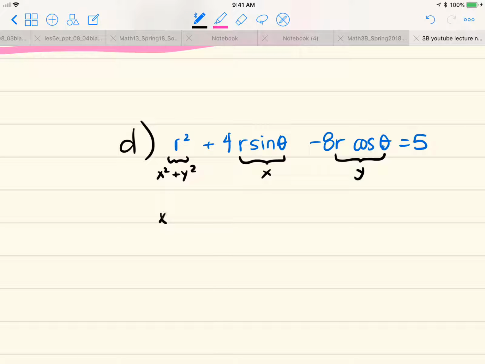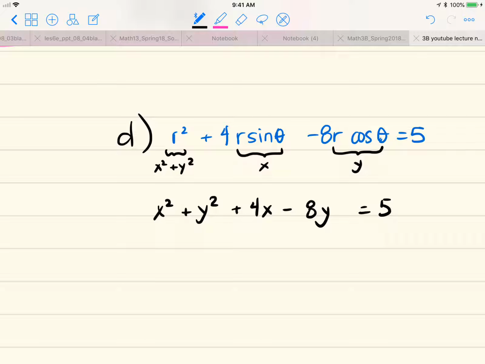So it looks like I'm going to have a conic section: x squared plus y squared plus 4x minus 8y equals 5. Let's see if I can complete the square. x squared plus 4x plus y squared minus 8y equals 5. This looks like it will be an ellipse.